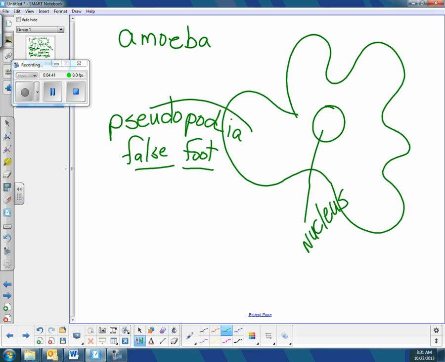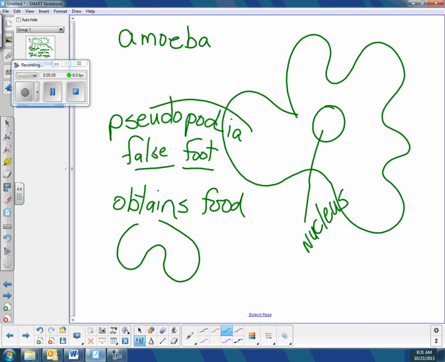And hopefully when we get the live ones, you'll be able to see that as well. But that's literally the way he moves. That's also the way he obtains his food. That's the way he eats as well. He takes his pseudopodia, and I'll show you some examples of it, and he flows around it.